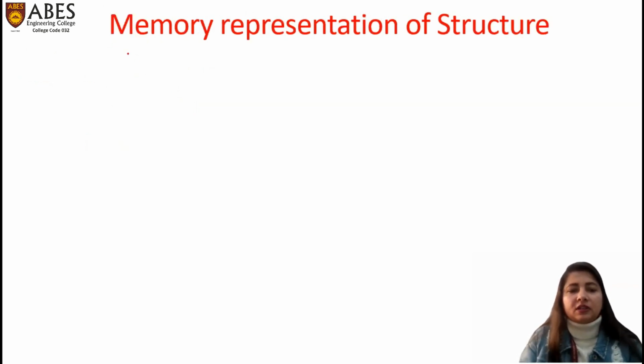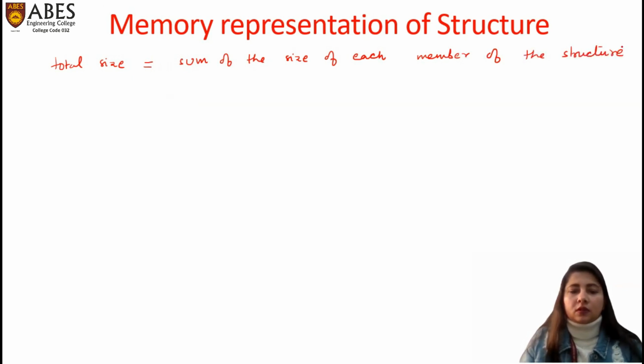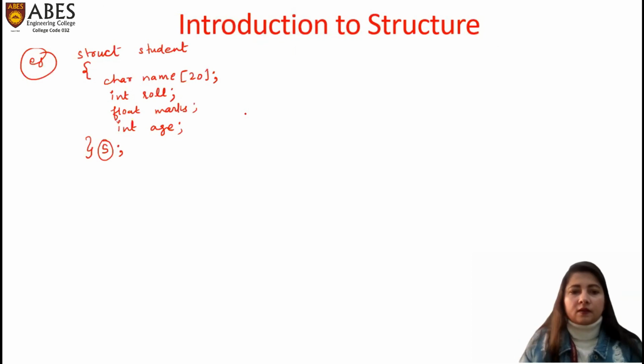So the memory representation of a structure variable would be: the total size allocated to the structure variable will be equal to the sum of the size of each member of this structure. So here, this member name would be of 20 bytes.